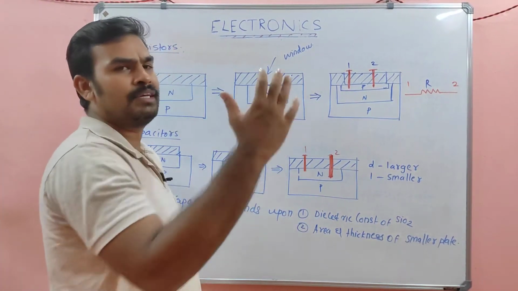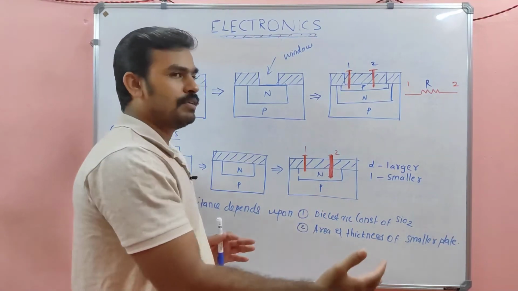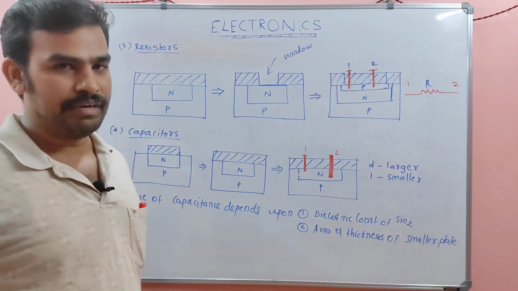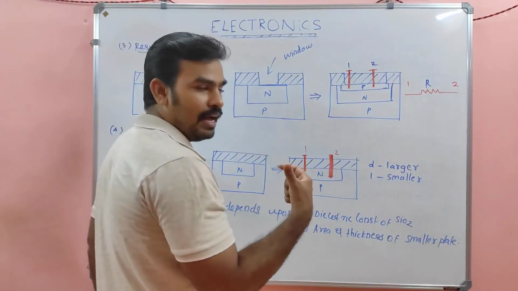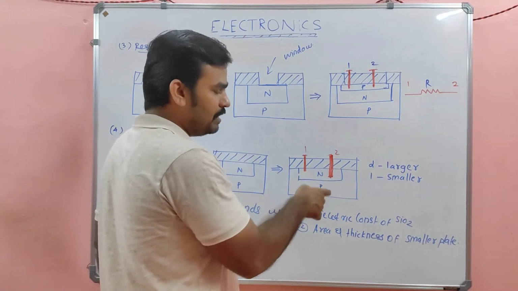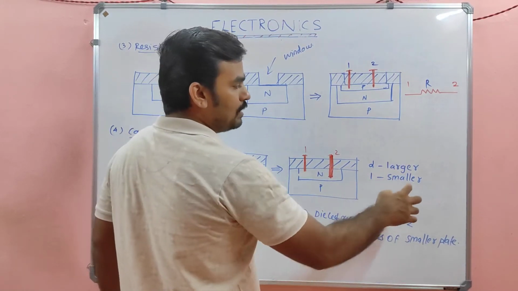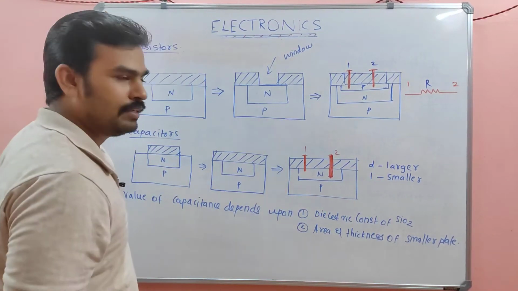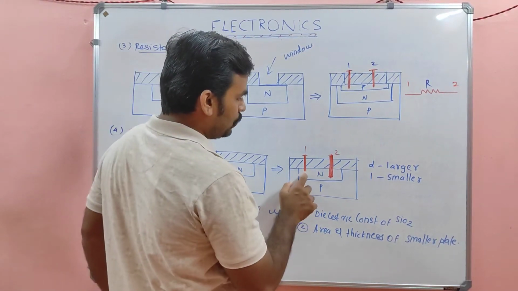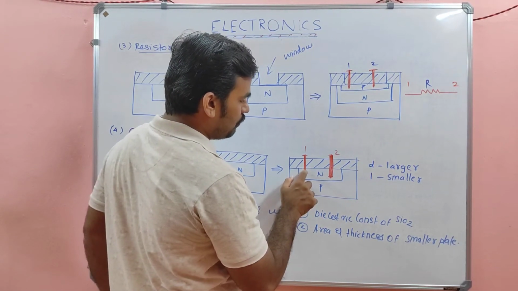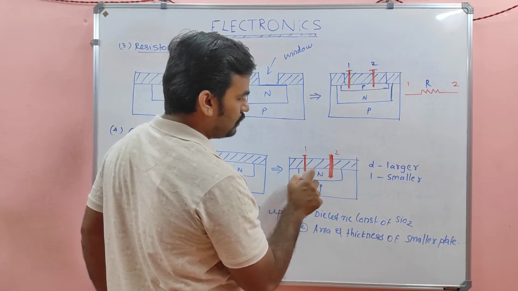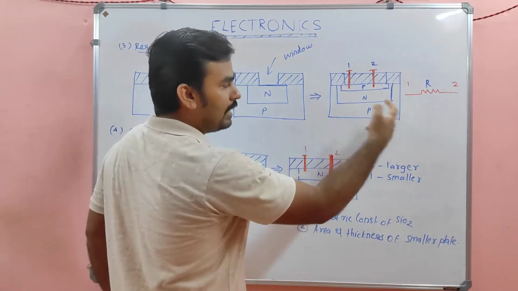That's the meaning of larger: the area of cross section as well as the width are very high. That's why it is more penetrated. Two is larger, one is smaller. And see, again there are two conducting regions. This is the external supply.